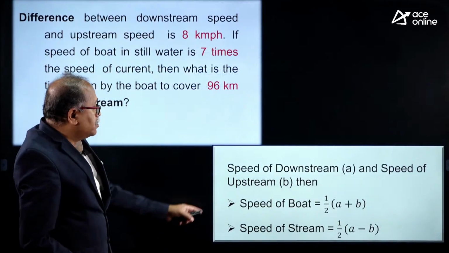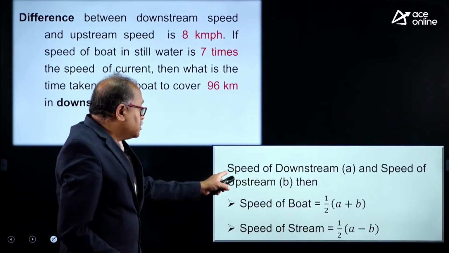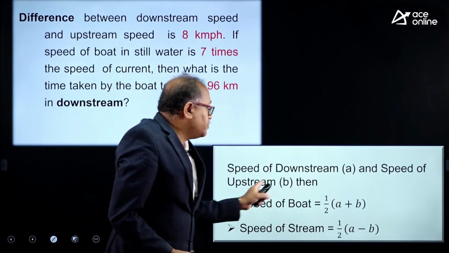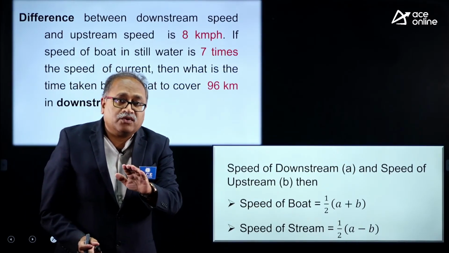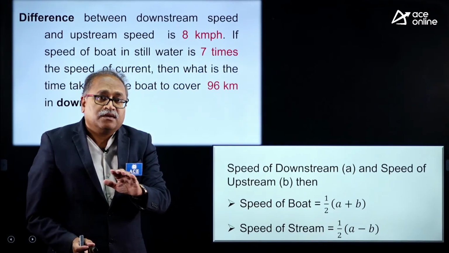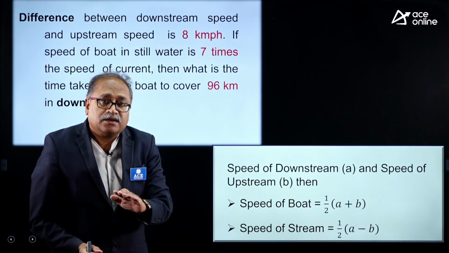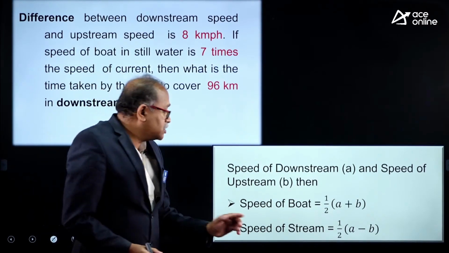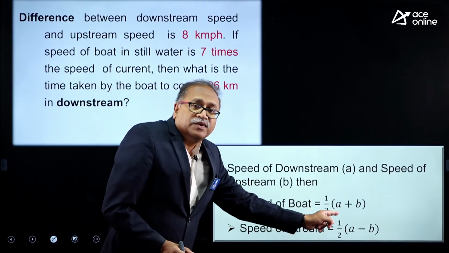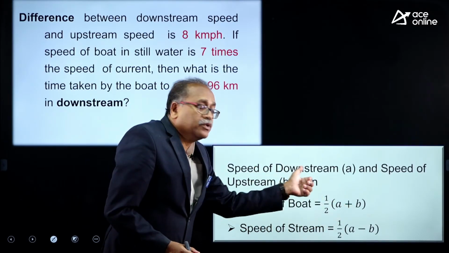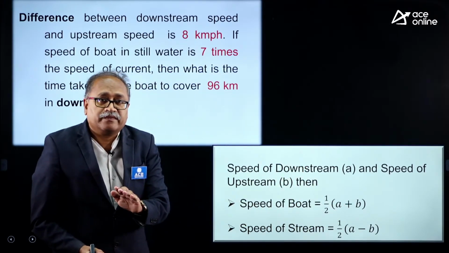Look at this part. When the speed of downstream and speed of upstream are both given to us, then what is the speed of the boat? The speed of the boat is half of the sum of the speed of downstream and speed of upstream.